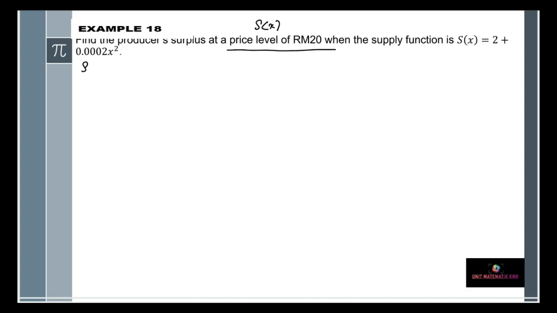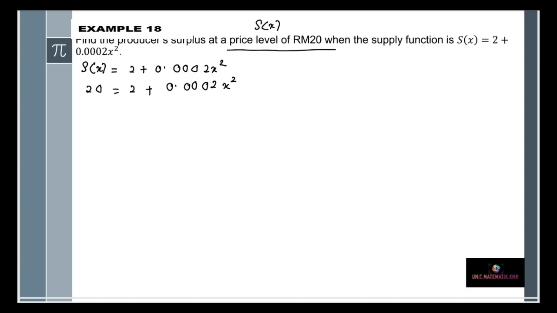So we have Sx equals 2 plus 0.0002x squared. Our Sx equals 20, so 20 equals 2 plus 0.0002x squared.